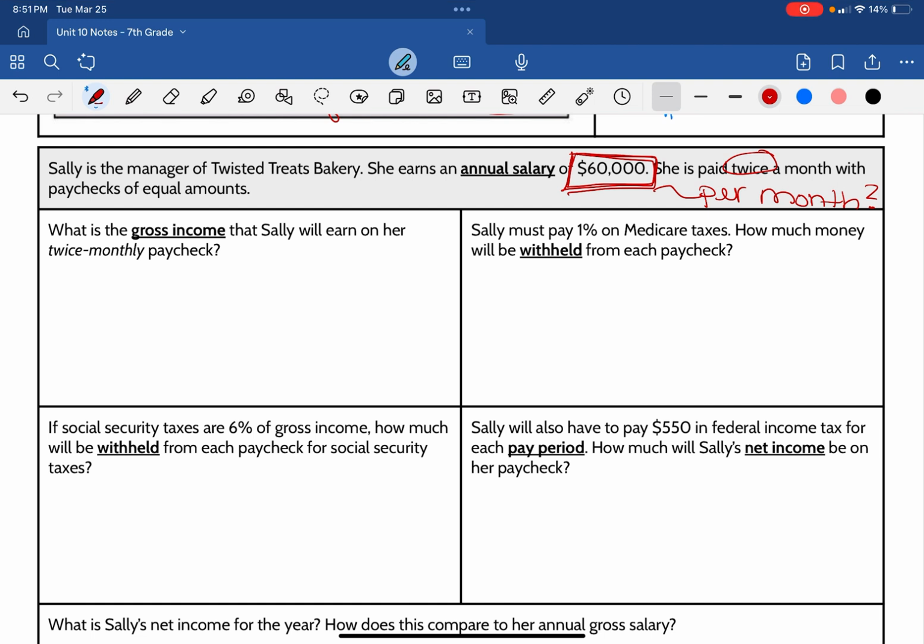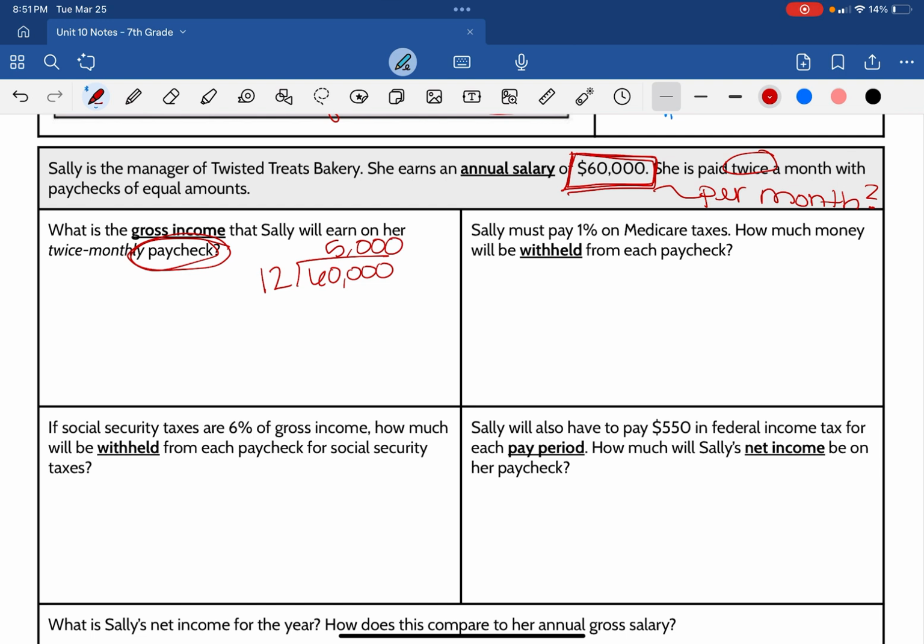So let's go back here. It says, what is her gross income that Sally will earn on her twice monthly paycheck? So this is just asking how much is she making on one paycheck? Because she's going to get two paychecks, but what is she making on the first paycheck? So we need to figure out how much is she going to make gross per month. Well, there are 12 months in a year, so we are going to divide $60,000 by 12, and this comes out to $5,000 if you remember correctly.